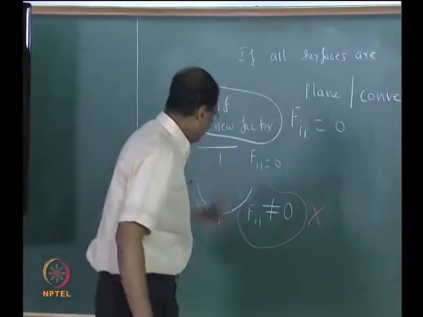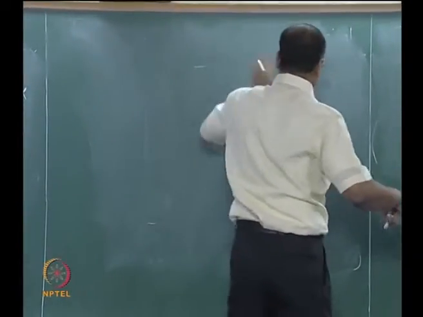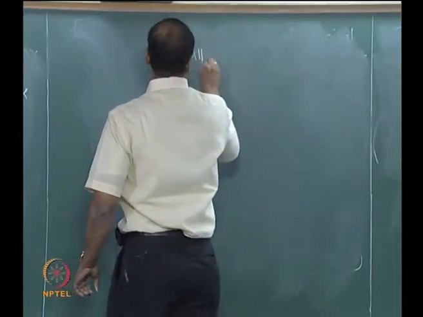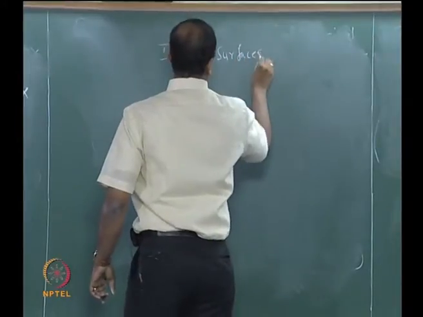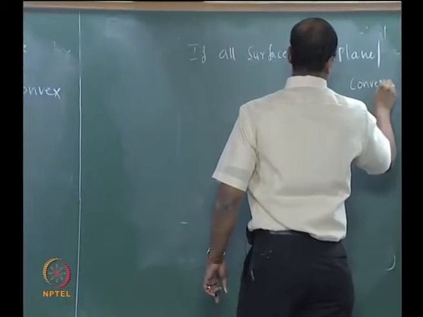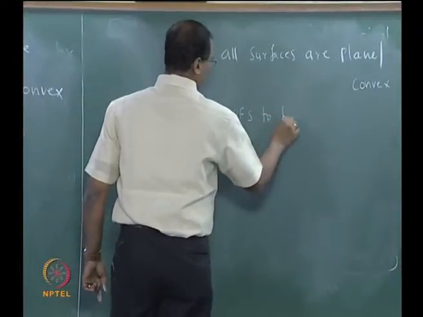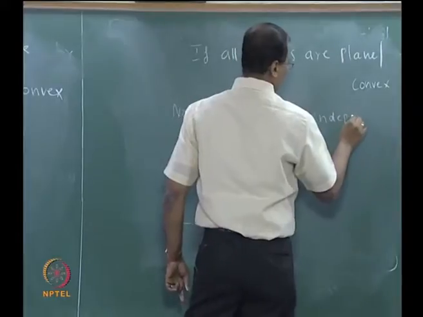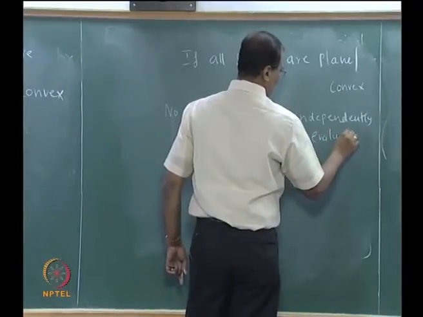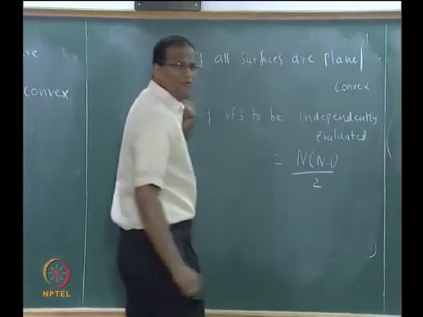Now if all the surfaces are plane or convex, total number of independent view factors, how many such self view factors are there?